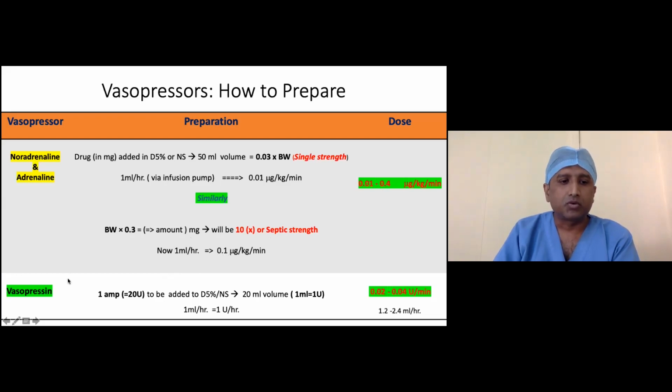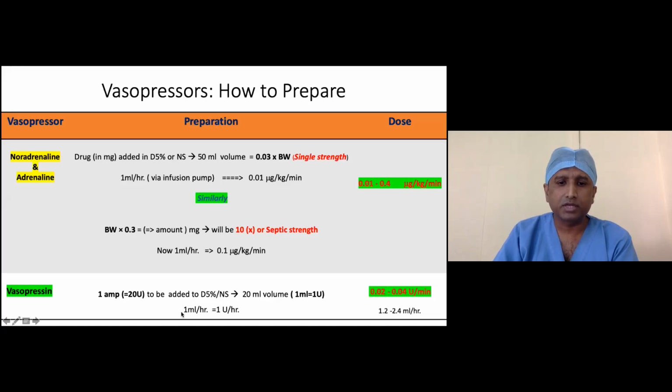And similarly, how to prepare vasopressin? An ampoule of vasopressin has 1 ml, which contains 20 units, and it has to be mixed with 5% dextrose or normal saline. When mixed to 20 ml of solution, 1 ml will be equivalent to 1 unit.